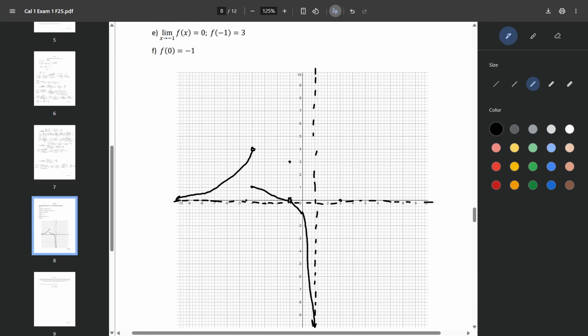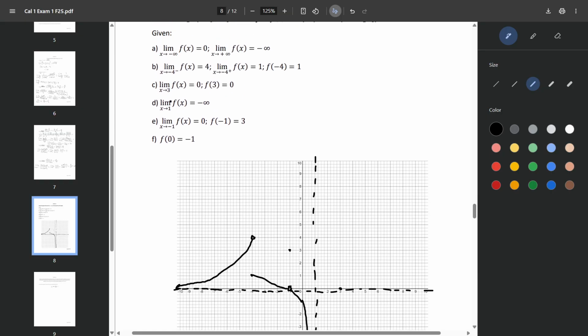So then the next part of our question is that as x approaches 3, it's going to be approaching 0, and at f of 3 it is also 0.